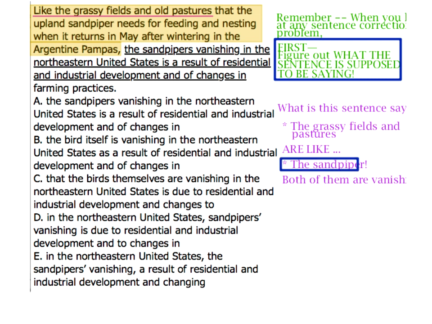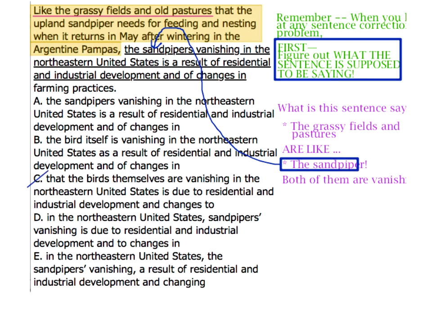This is what absolutely, bar none, must be right there. It's got to be the bird, the sandpiper, something referring to the bird and not to an area or anything like that. So for that reason, we can eliminate three of the choices.